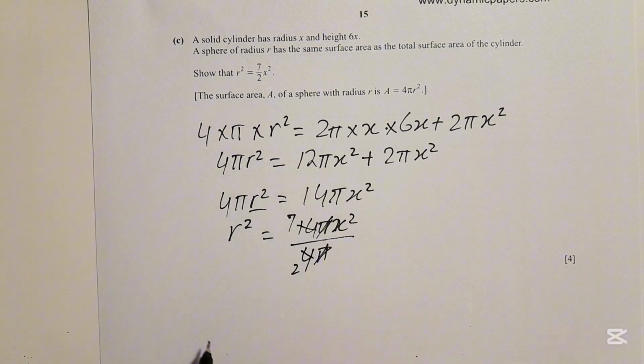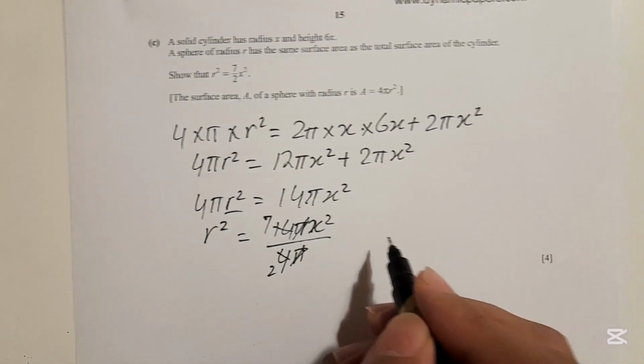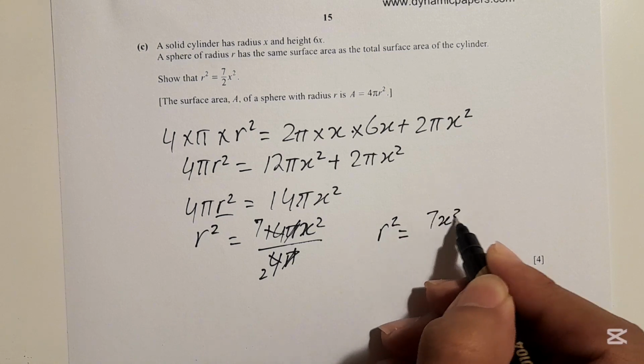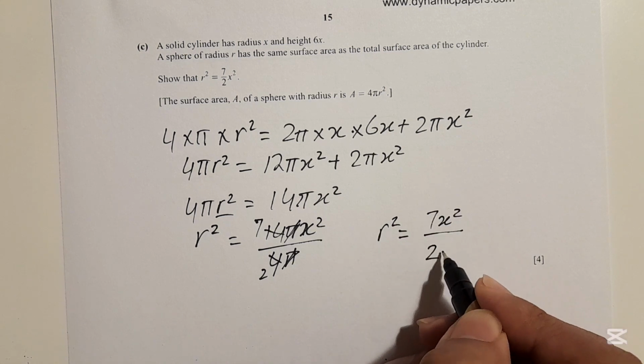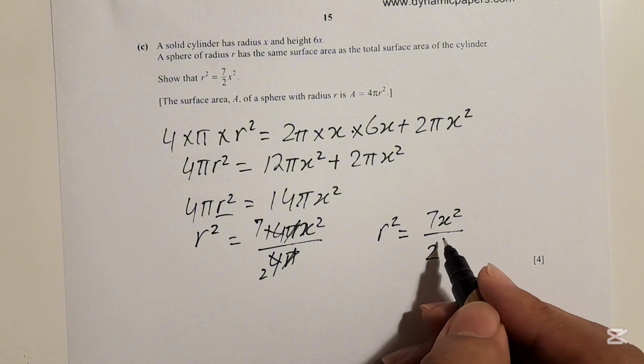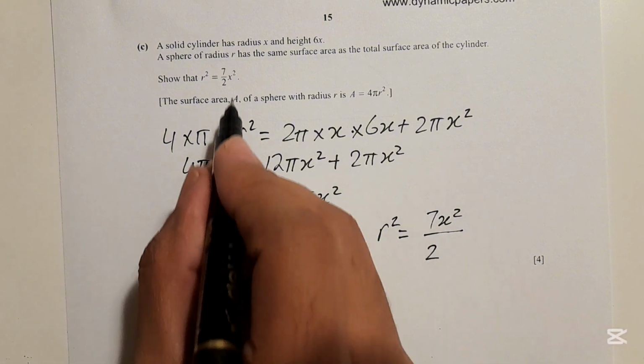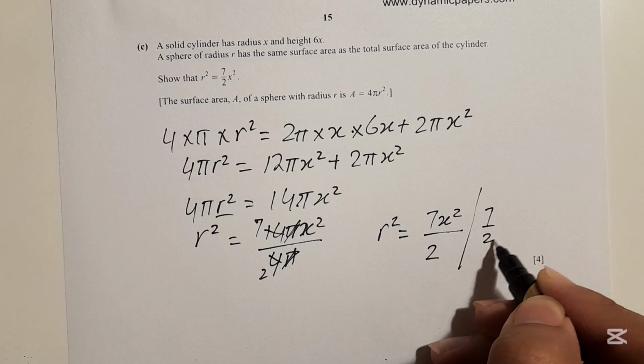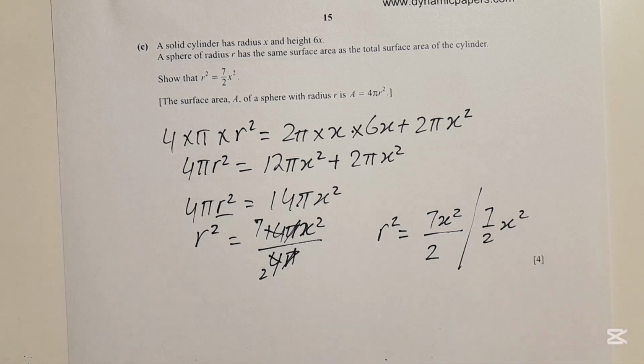So we are left with r squared is equal to 7x squared divided by 2, or we can write it as 7 over 2 x squared. So this is how we will write the equation, and these are the steps that we will show to achieve the marks.